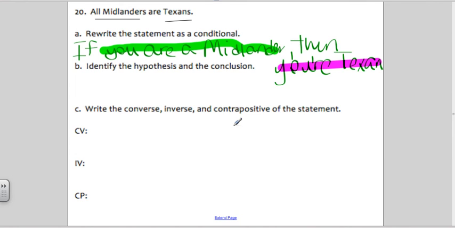Remember, the converse is the switch of my original.